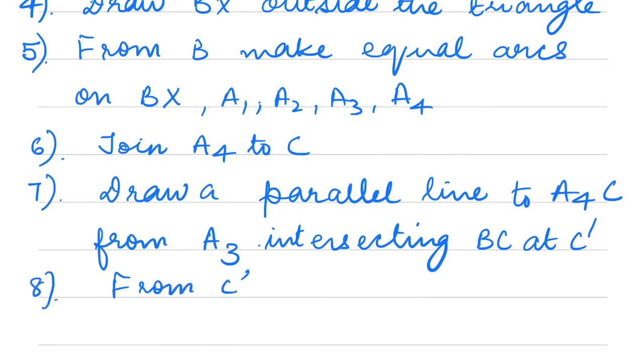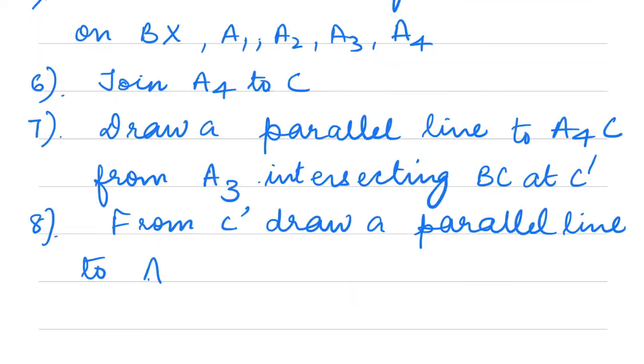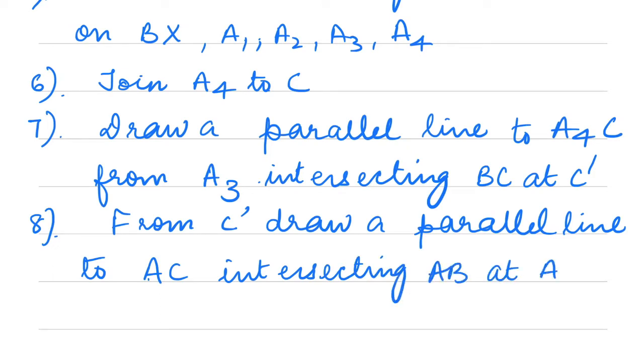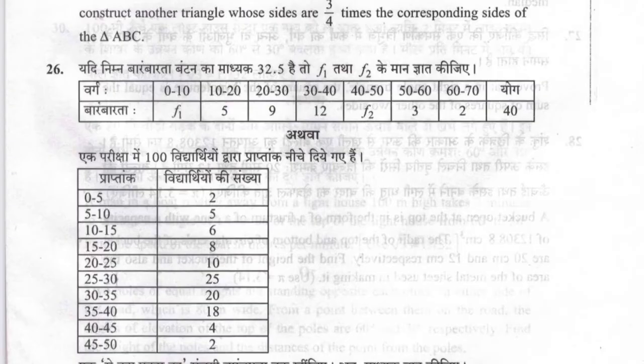From C dash, draw a parallel line to AC, intersecting AB at A dash, and A dash B C dash is the required triangle.